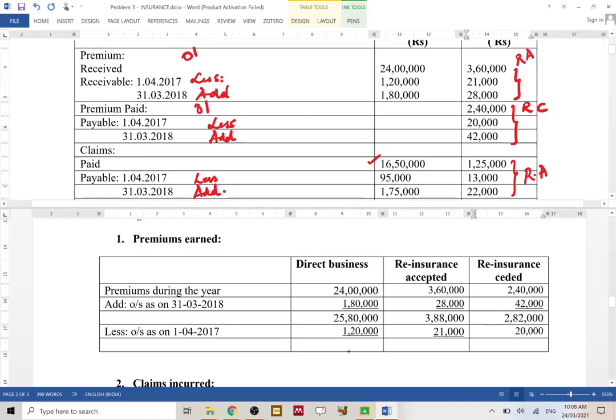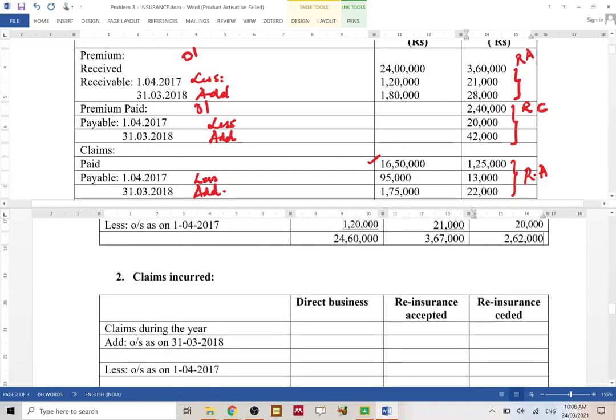Now accordingly minus all these amounts from this 25,80,000 minus 1,20,000, 24,60,000. Done. Then you have 3,67,000 and you have 2,62,000.